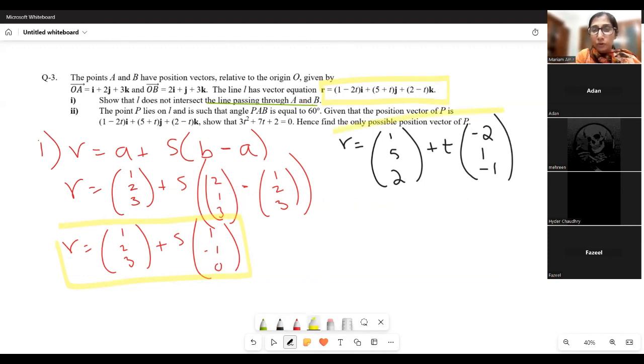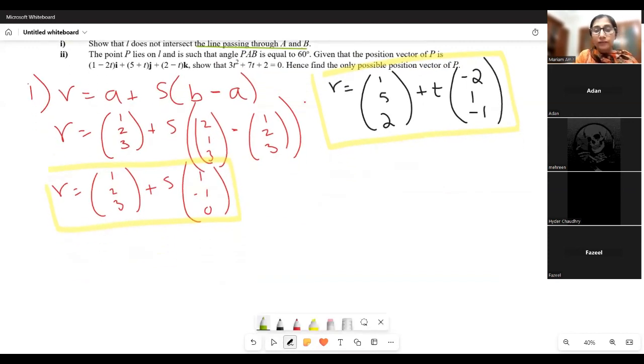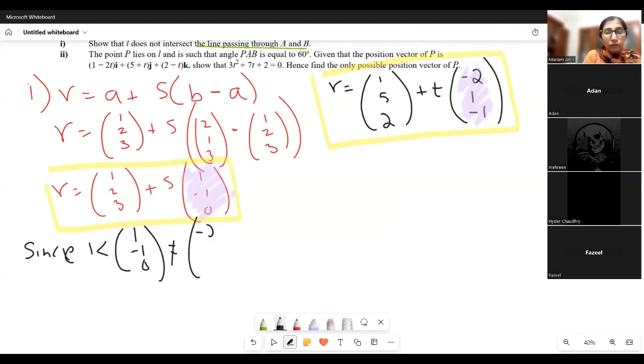So we have to show that these two lines do not intersect. First, since their direction vectors are not scalar multiples of each other, these two vector equations cannot be parallel. Since k times (1, minus 1, 0) is not equal to (minus 2, 1, minus 1), the vectors are not parallel.